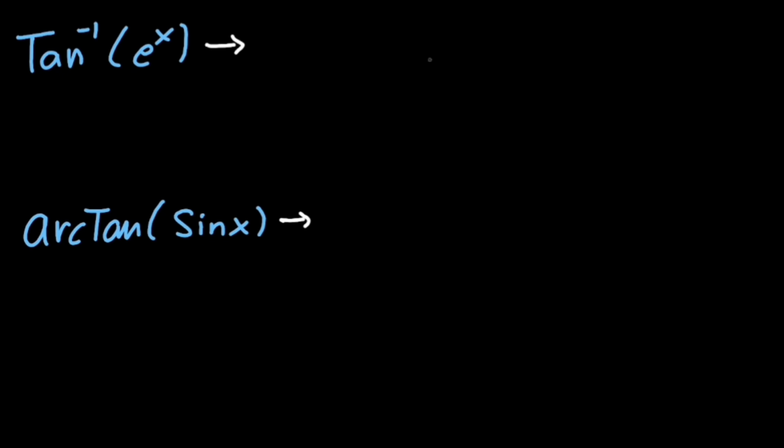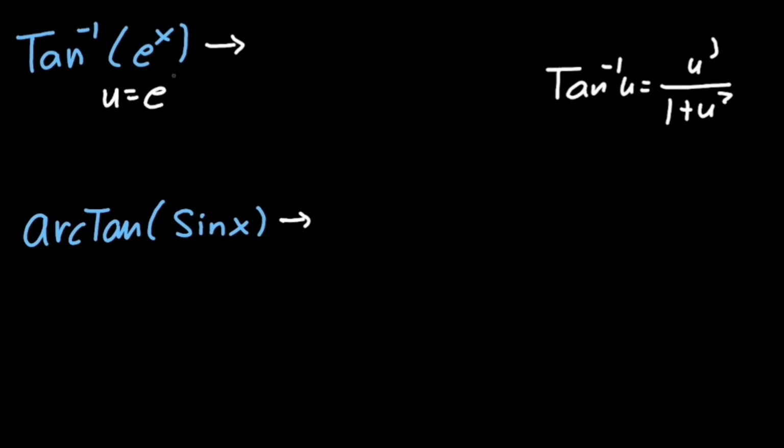Let's continue on with the derivatives of arctangent of u. The formula of this will be arctangent of u is equal to u prime over 1 plus u squared. Now, for this problem, arctangent of e raised to the power of x, let u here be e raised to the power of x, and the derivative of e raised to the power of x is the same, still e raised to the power of x.